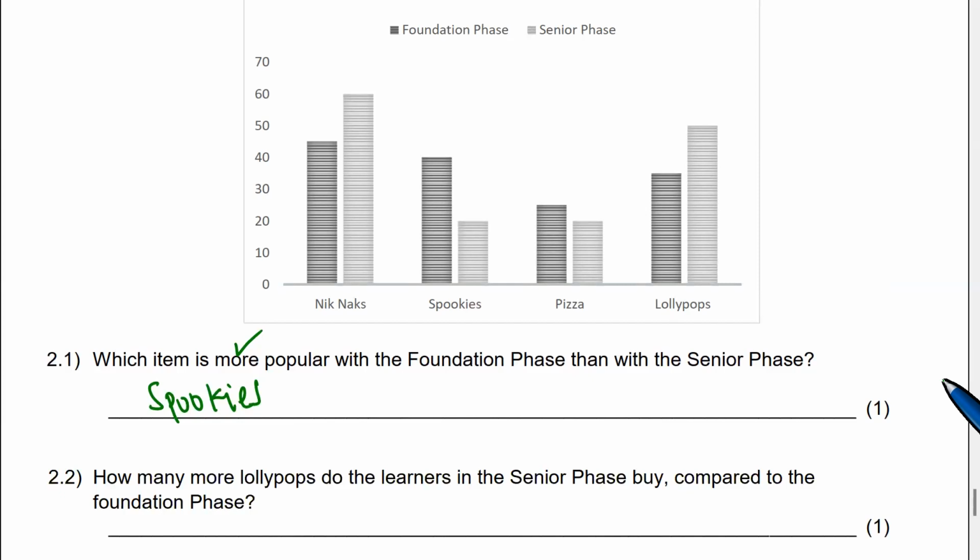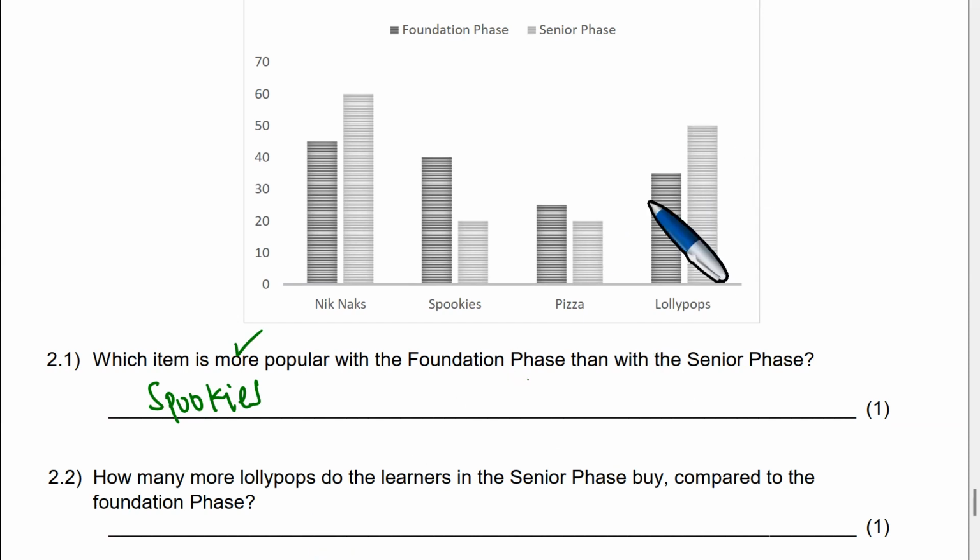Okay, how many more lollipops? What do you think? So 15. What did you get? 15, right?